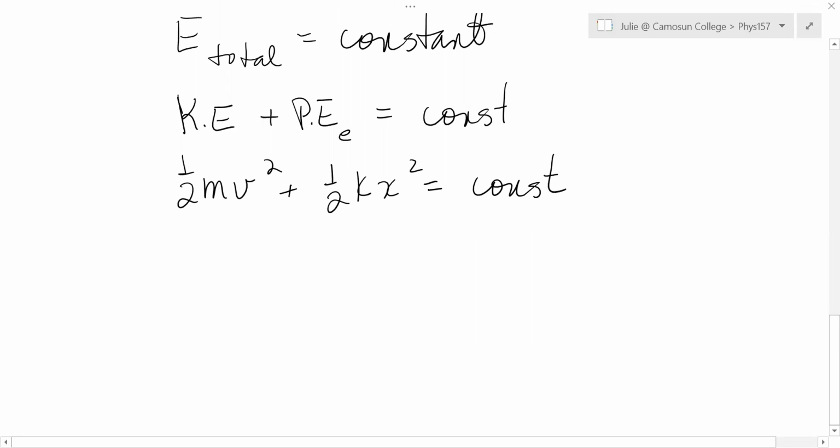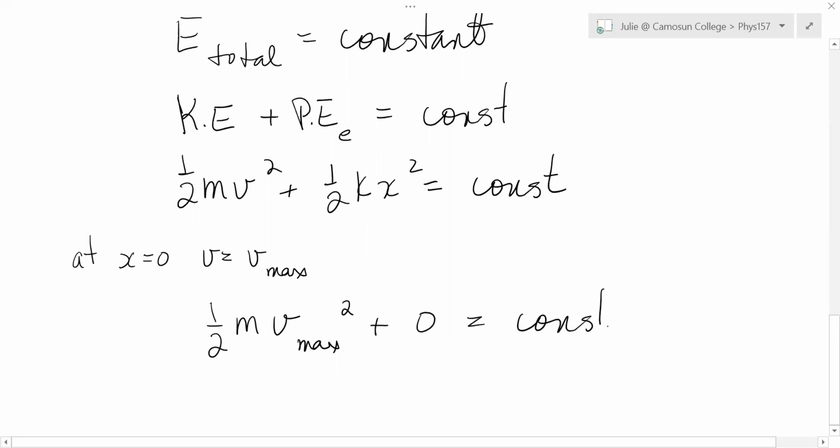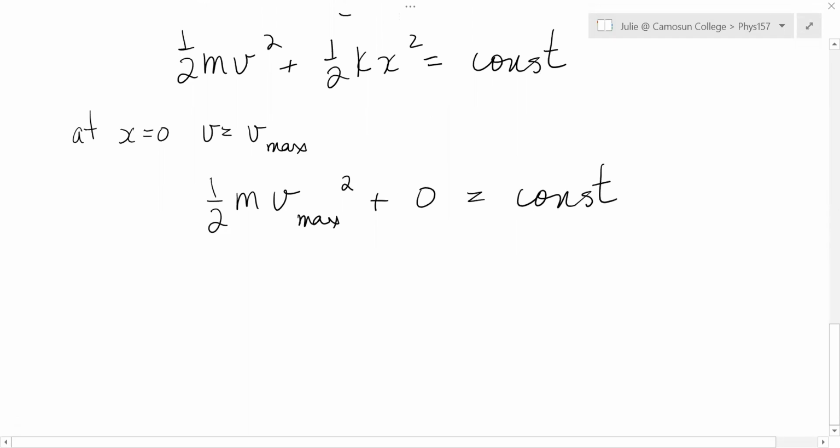Now, how are we going to figure out what that constant is? Well, we can look at different positions. We know that at x equals 0, v equals v max. And so we have that 1/2 mv max squared plus 0 is equal to that constant. So if you know v max, you might be able to get it.